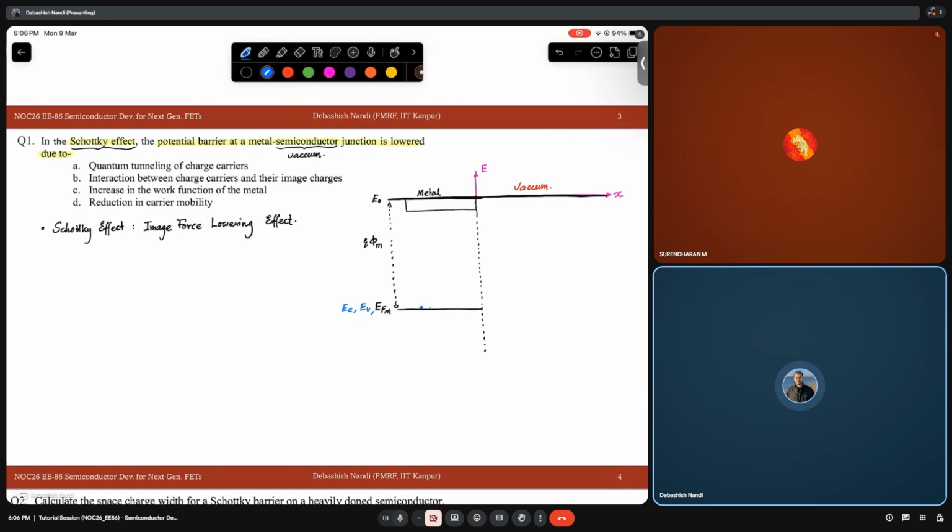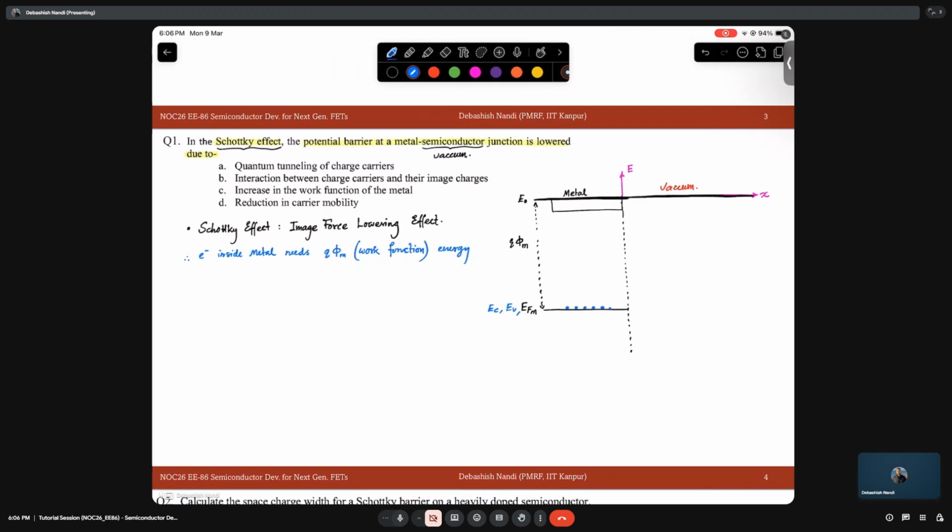Electrons are generally at this position. An electron inside the metal needs Q phi m, that is the work function of the metal, this amount of energy, to go into vacuum.